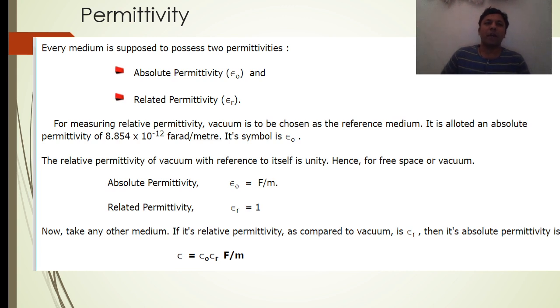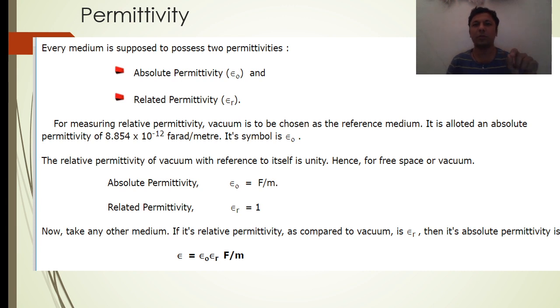So every medium possesses two permittivities, one is absolute permittivity and the other is relative permittivity. Absolute permittivity is a measure with reference to vacuum, and the constant of absolute permittivity is defined as epsilon 0, and relative permittivity is defined as epsilon r.